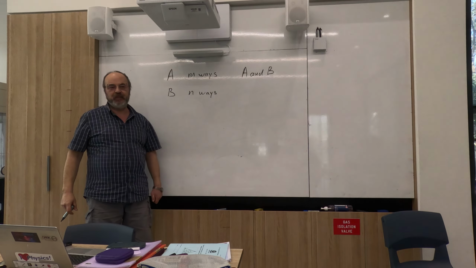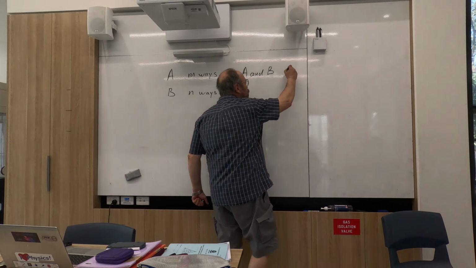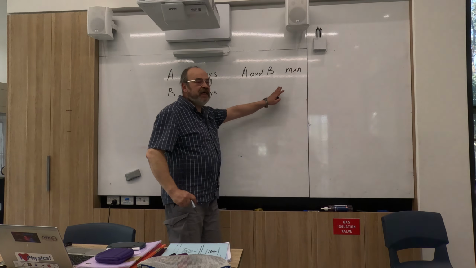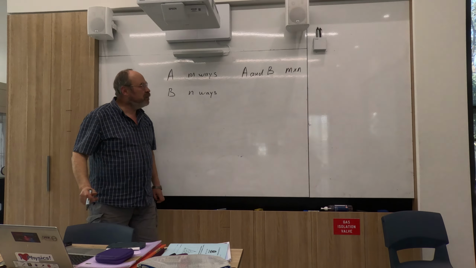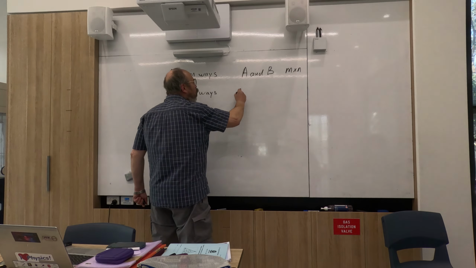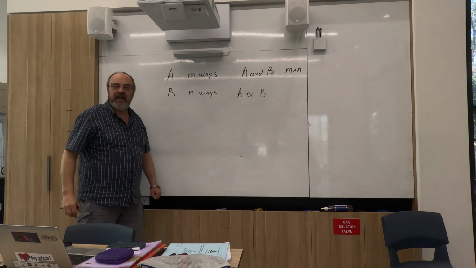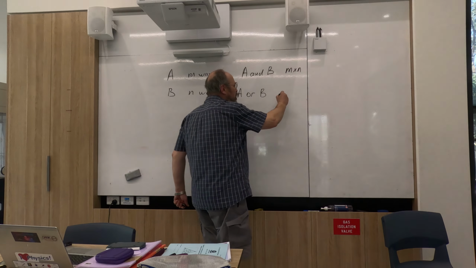M times N. That is called the multiplication principle. If we do A or B, in how many ways can we do it? M plus N. That is the addition principle.